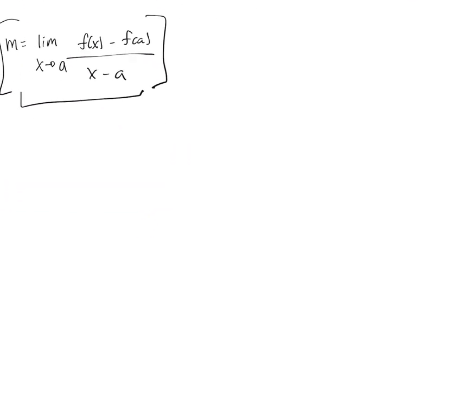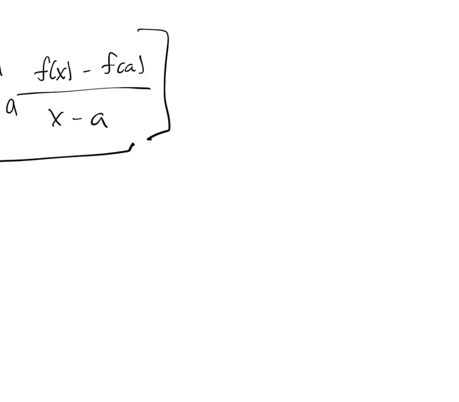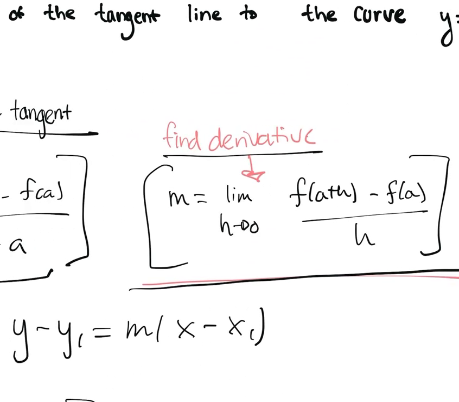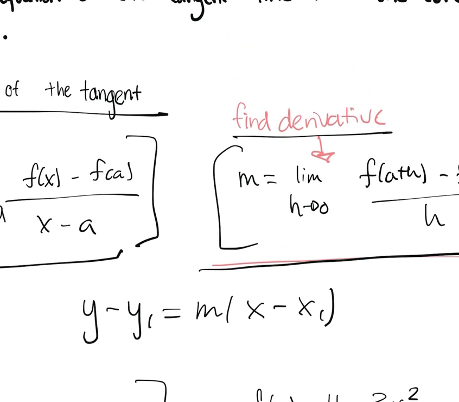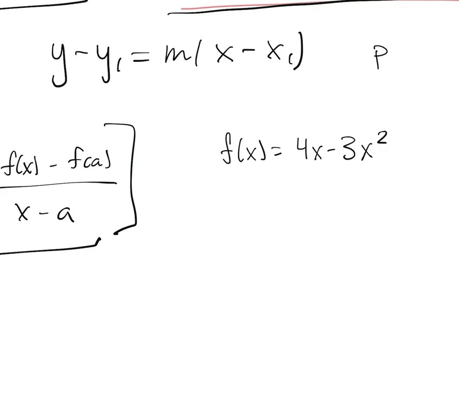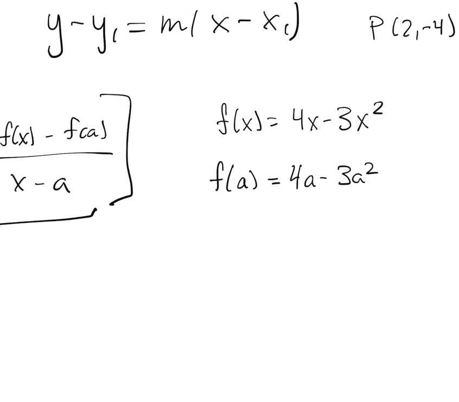So looking at this problem, we know that f of x is equal to 4x minus 3x squared. And if we look at our point, we have the point (2, -4).